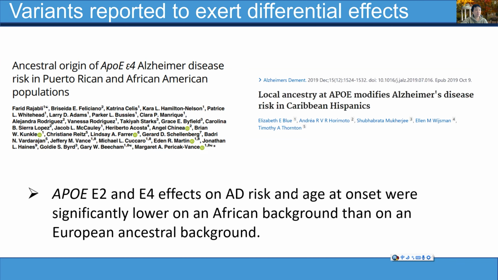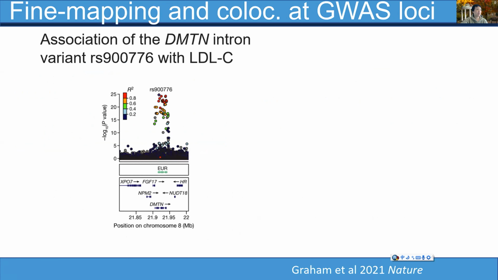We don't know yet, but I think that's the power of diverse samples. They pinpoint to us certain genes or genetic variants that exert differential effects across different groups, which I think would be great for us within IGVF to follow up. So that's the only example I'm going to give for this second aspect.